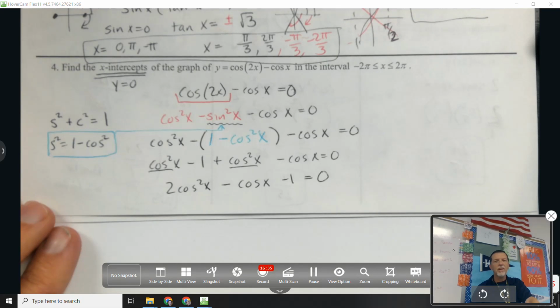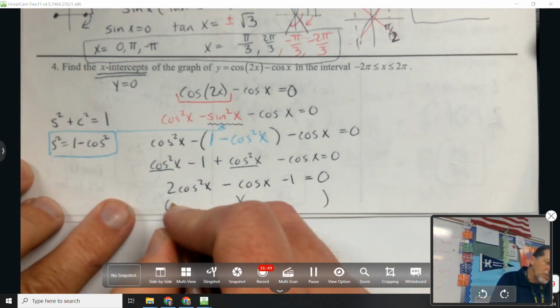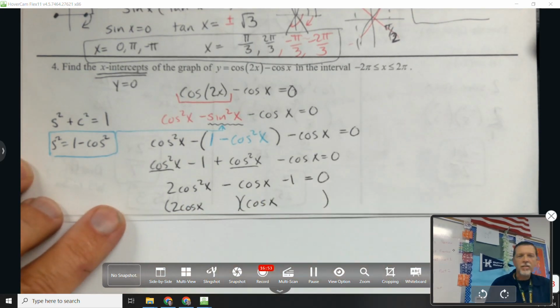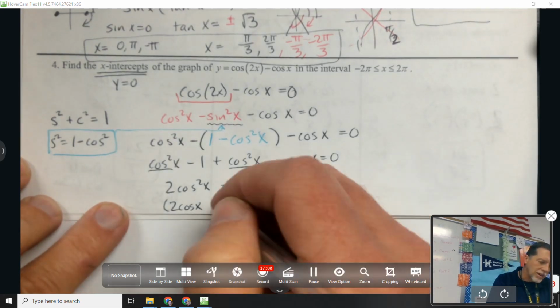Trig step in there, and then algebra steps. Thoughts on what to do next? This looks a whole lot like number 2, factor. And I'm running out of space, so I'm not going to do the u stuff. It's got to be 2 cosine and cosine to get 2 cosine squared. It's got to be 1 and 1 to get 1.